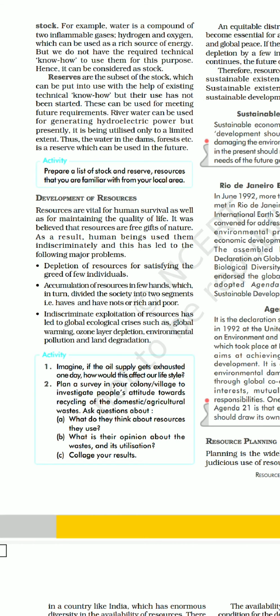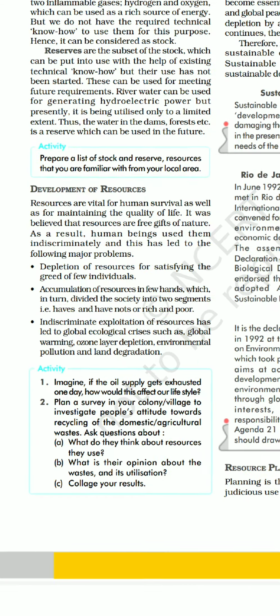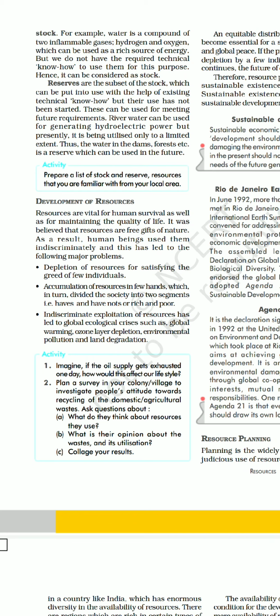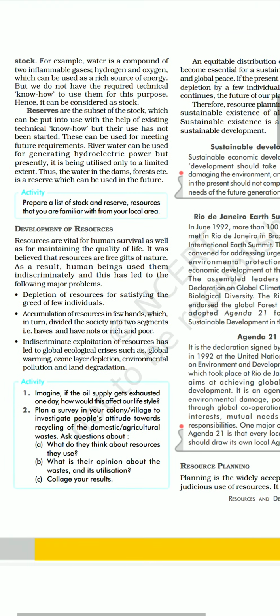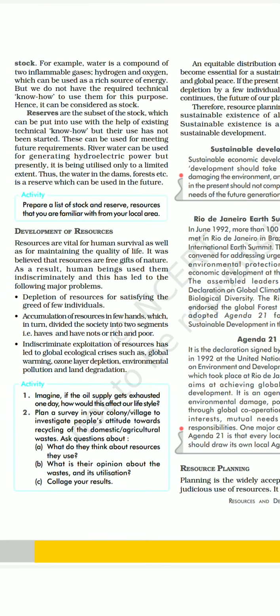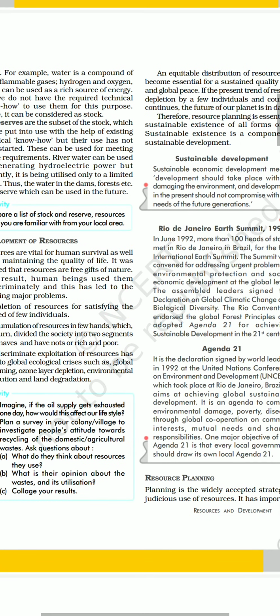Now let's move on to the next heading, that is development of resources. The simple meaning of development of resources is planning of resources. Human beings used the resources indiscriminately, and this has led to the following problems, like depletion of resources for satisfying the greed of a few individuals.